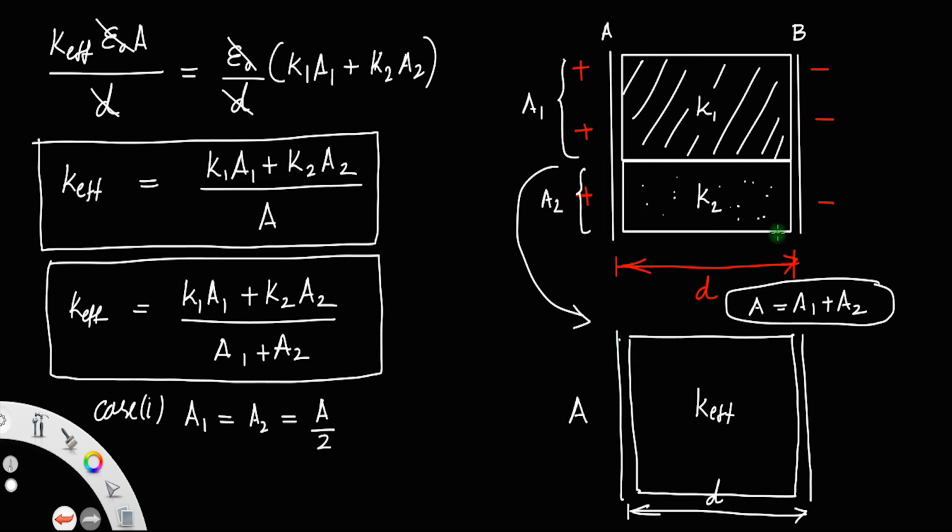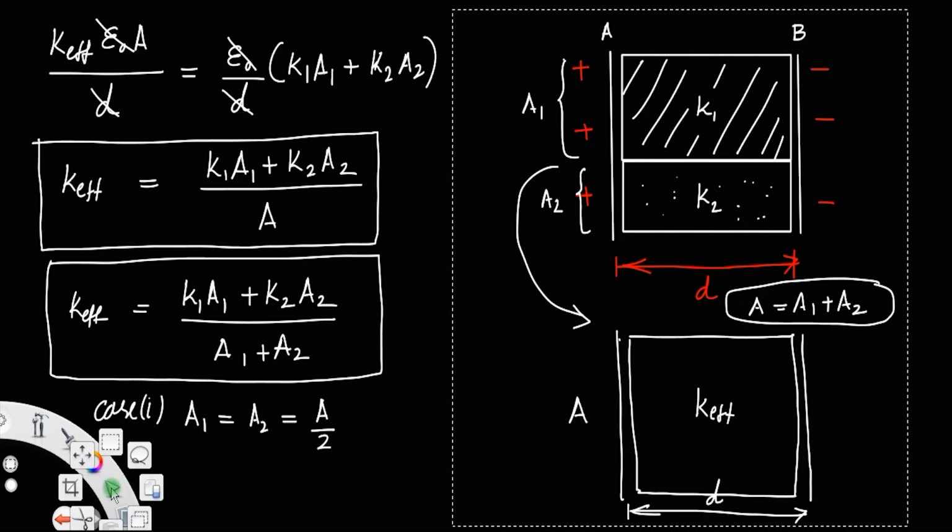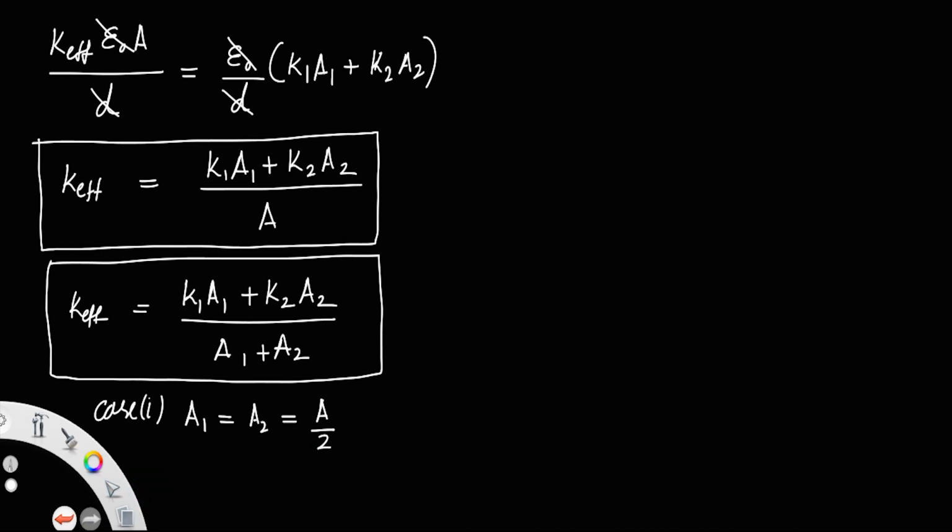What I'm saying is, I'm filling this dielectric in such a way that it occupies half the area of the plates of the capacitor. That is like this, the dielectric is equally filled. This is K1, this is K2.